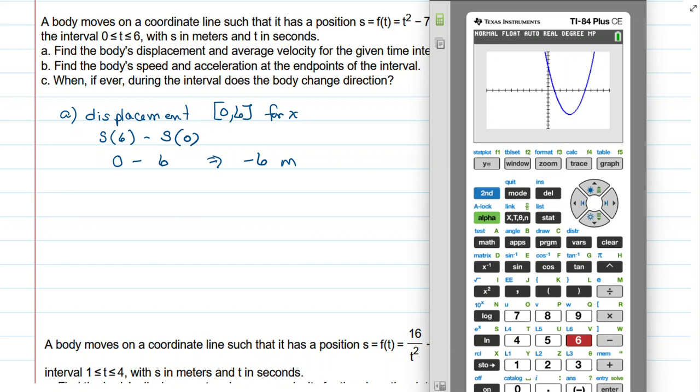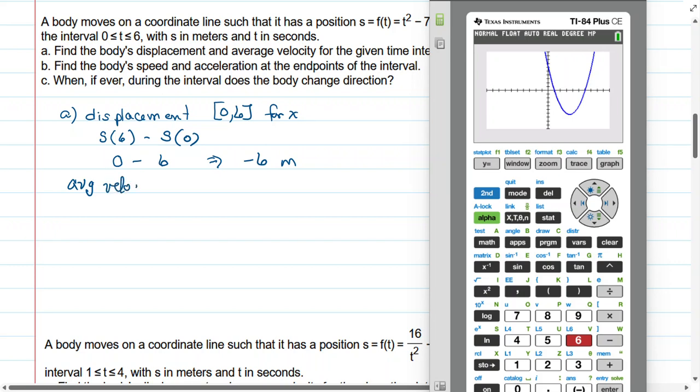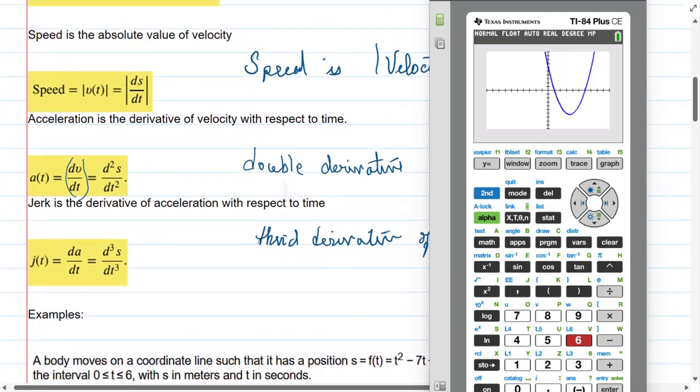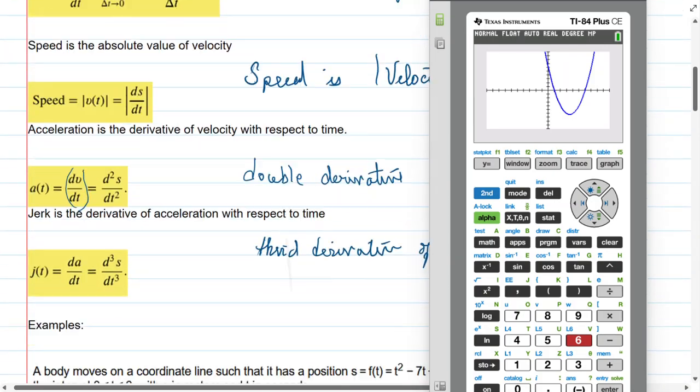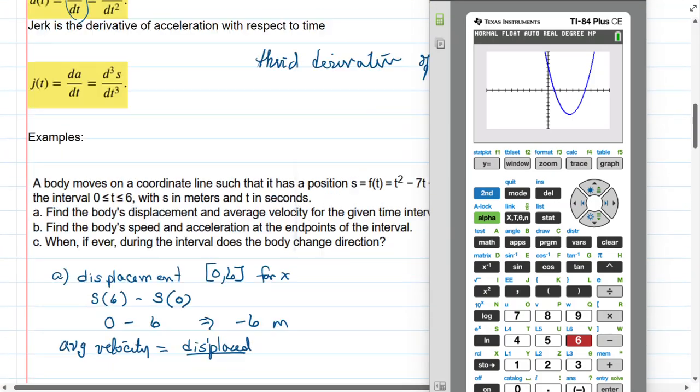So we got the meter measurement. Now we want average velocity. Ooh, just divided by the change. This is not derivative because it said average velocity, which is displacement divided by, now they wrote it as the change, right?